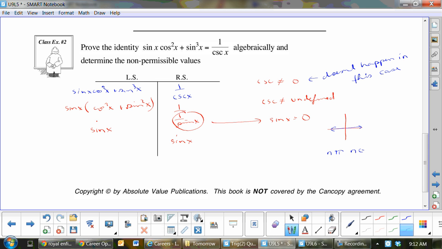Where n is in the integers. So x cannot equal n pi. Okay. Let's keep on going.